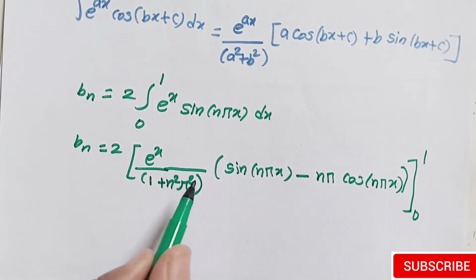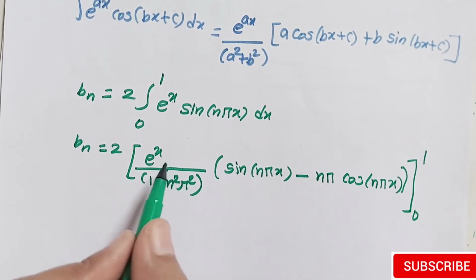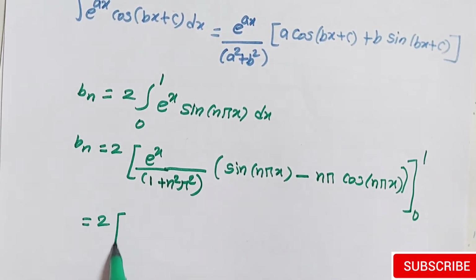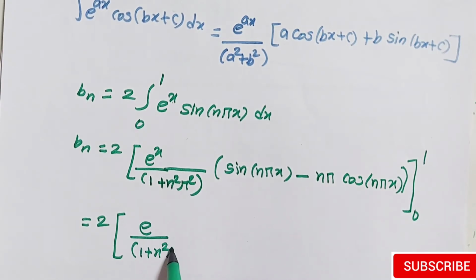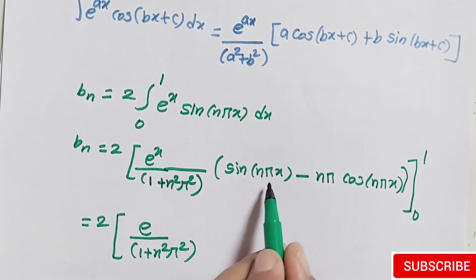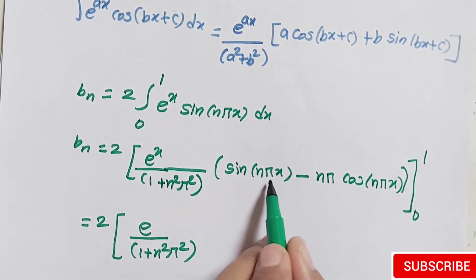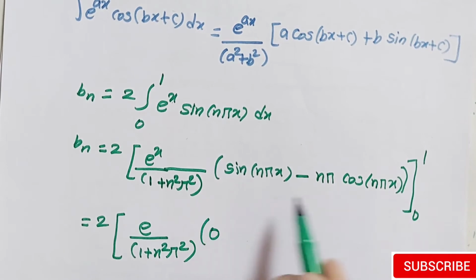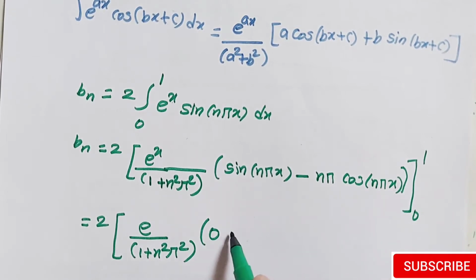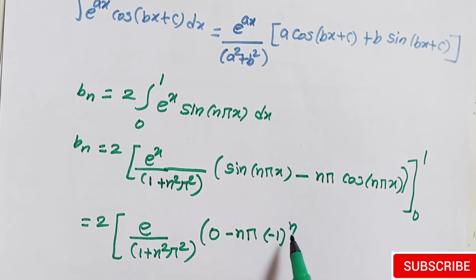Now put the upper limit, that is x equals 1, so 2 as it is. Here x equals 1, so e divided by 1 plus n square pi square. If we put x equals 1, then sin n pi is 0, and cos of n pi is minus 1 raised to the power n.